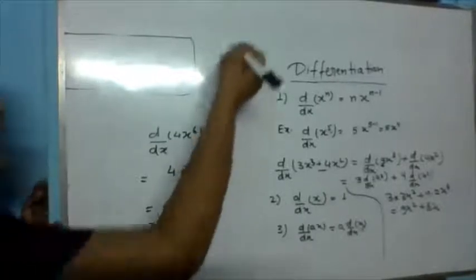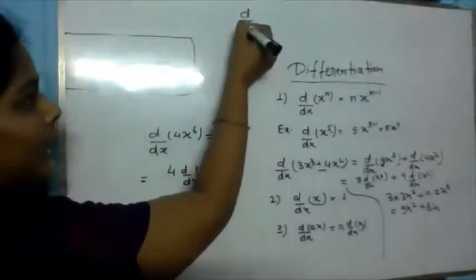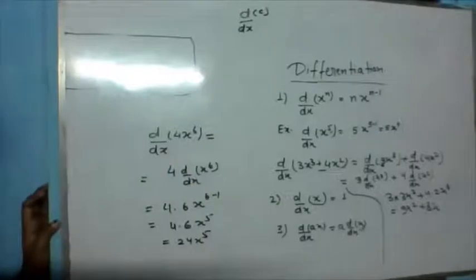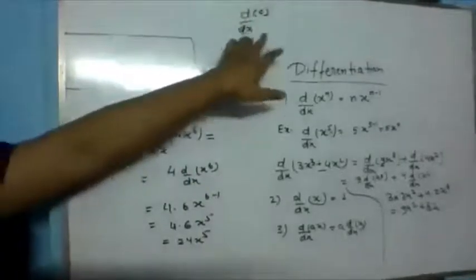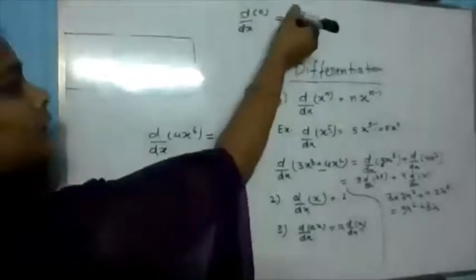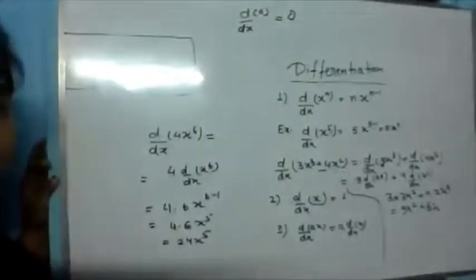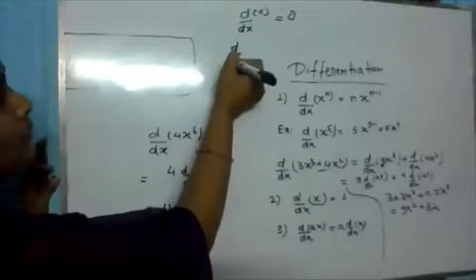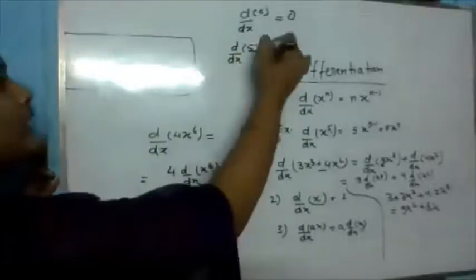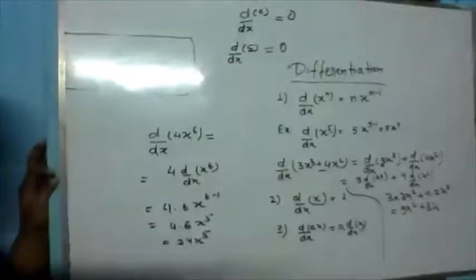Okay. If in my function I have only a constant term, then if I apply this differentiation on any constant term, I will get 0. If we apply d upon dx on 5, 5 is a constant term, then the answer is 0.